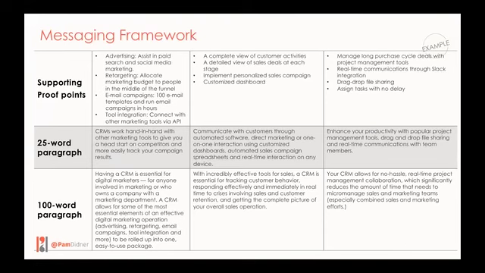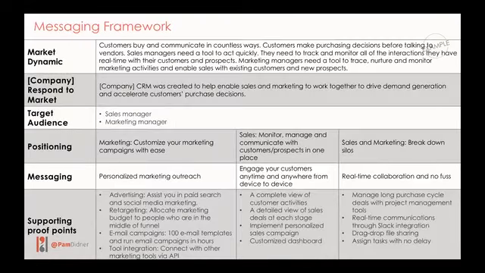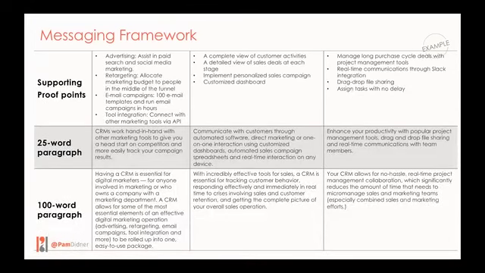So these are the nice 2-pager, if you will, that you can share easily with your senior management, with your sales team, and also even with your customer support team.